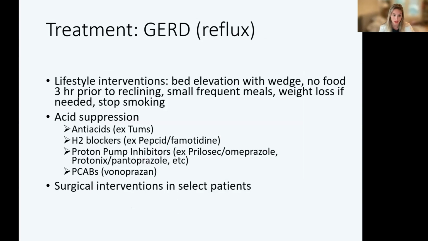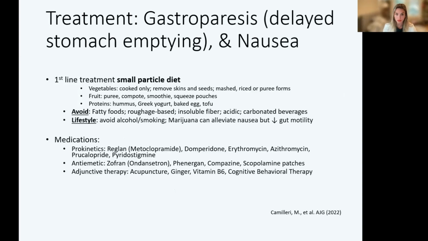Thinking about acid suppression with different types of antacids, proton pump inhibitors, or our newest type of treatment, the PCAB molecules, and potentially surgical interventions in patients that are really refractory to lifestyle and medication therapy.